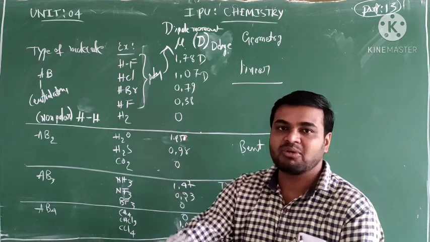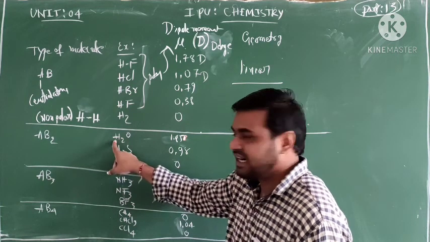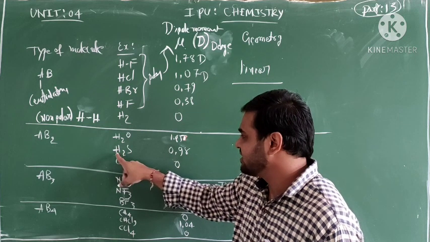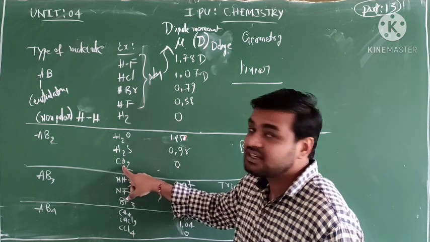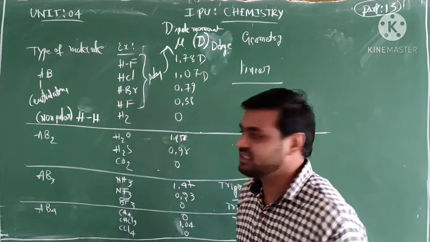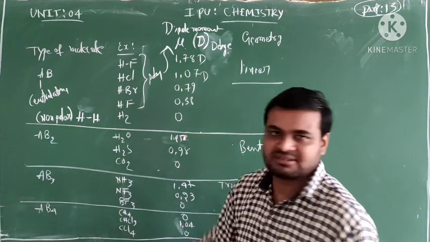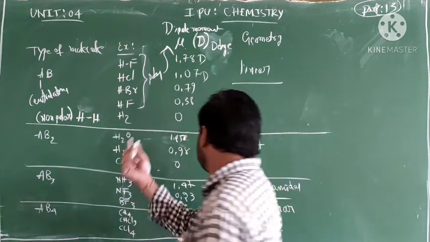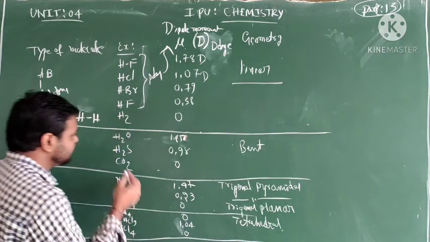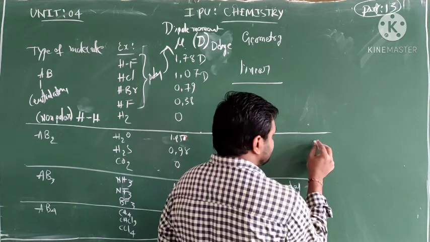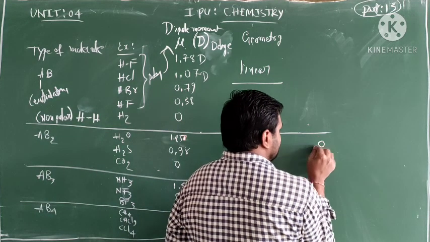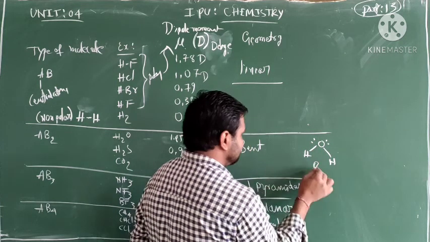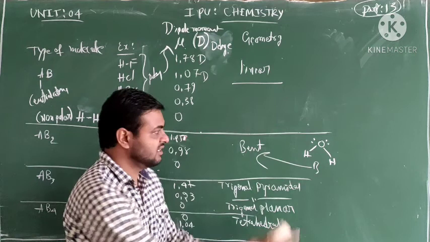B2 means the combined atoms: in the case of water, hydrogen atoms, here also H atoms, and here oxygen atoms combined with the central atom carbon. Now this is H2O, already discussed in previous classes. What does H2O give? H, 1, 2, 3. This is a bent shape of structure.